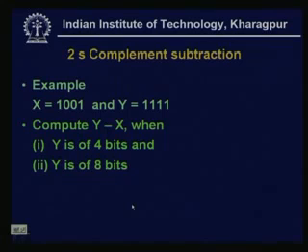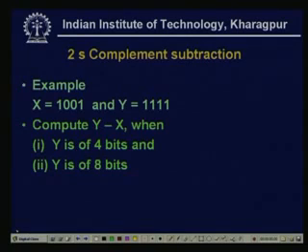Now, we take another example. Say x is 1001 and y is all 1s, then compute y minus x when y is of 4 bits and when y is of 8 bits. First we take the simple one, y equal to 4 bits. The same way, here we are computing y minus x.